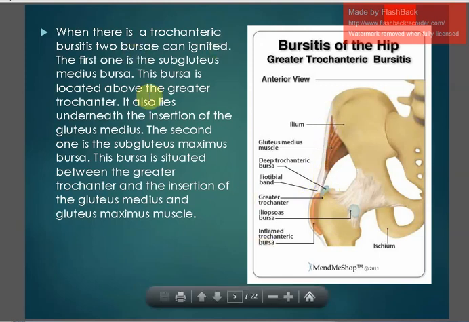The first one is the subgluteus medius bursa, located above the greater trochanter, underneath the insertion of gluteus medius. Second is the subgluteus maximus bursa, between the greater trochanter and the insertion of the gluteus maximus muscle. Also here you can see the ischium bone. Here we also have a bursa, the ischial bursa, and this is the iliopsoas bursa.